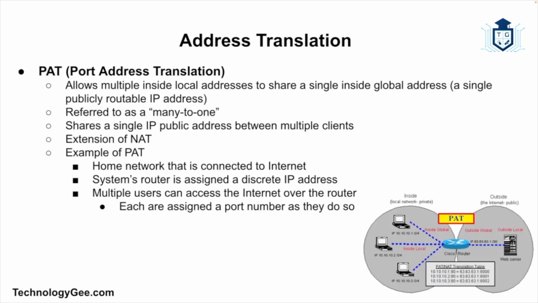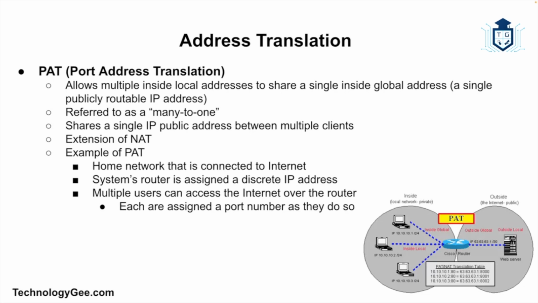And finally, we're going to talk about PAT, or port address translation. A challenge with basic NAT is that there is a one-to-one mapping of inside local addresses to inside global addresses, meaning that a company would need as many publicly routable IP addresses as it had internal devices needing IP addresses.